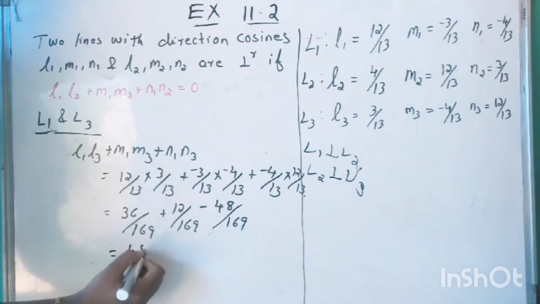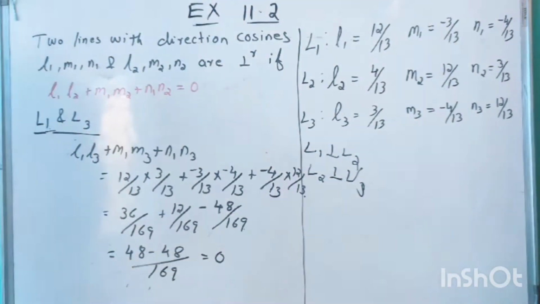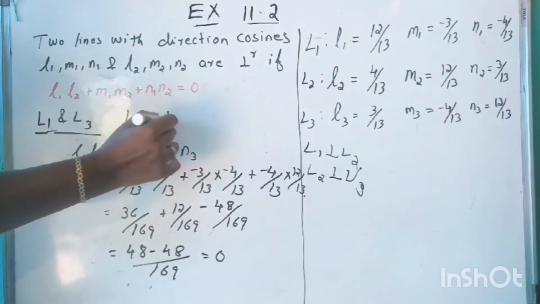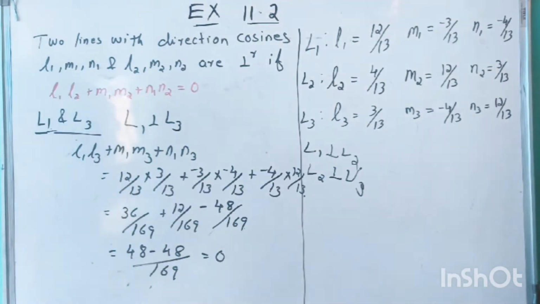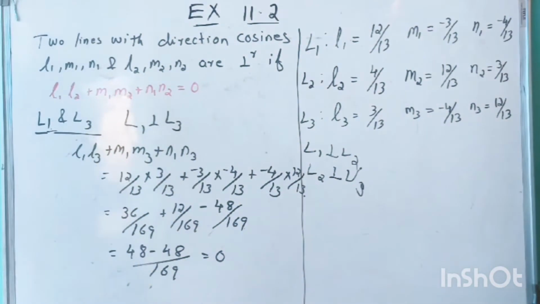This also gives 48 minus 48 divided by 169, equal to 0. So we got L1 L3 plus M1 M3 plus N1 N3 equal to 0. That means L1 is perpendicular to L3. So we got L1 perpendicular to L2, L2 perpendicular to L3 and L1 perpendicular to L3. This means that the three lines are mutually perpendicular.